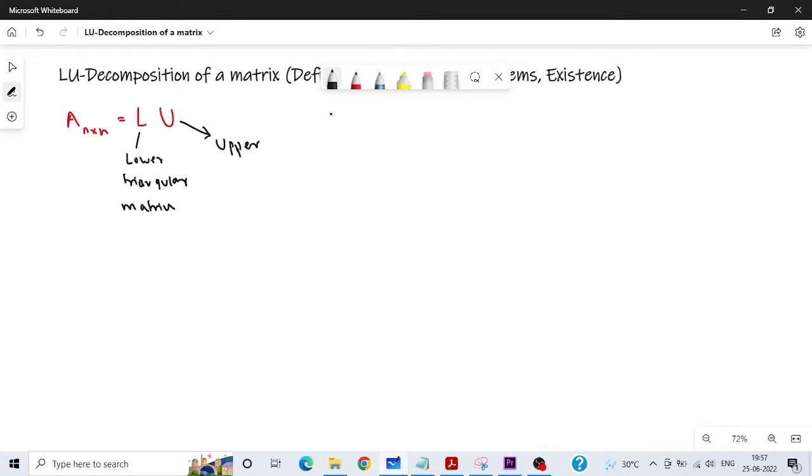Even this A can be written as a product LU, where L is a lower triangular matrix with diagonal entries as 1. Similarly, we can decompose A as a product of matrices LU, where L is lower triangular and U is upper triangular, where the diagonal entries of U are fixed as 1.